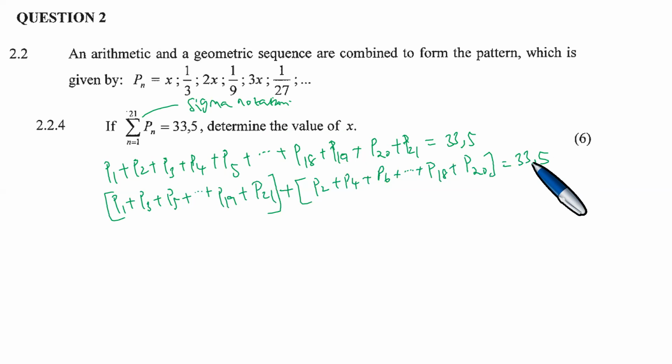How many terms are there at this point, for example?